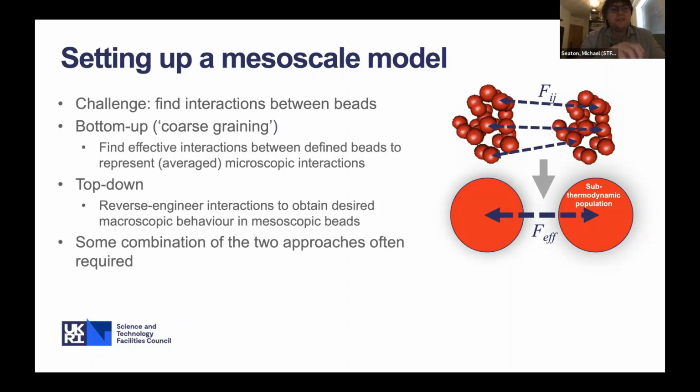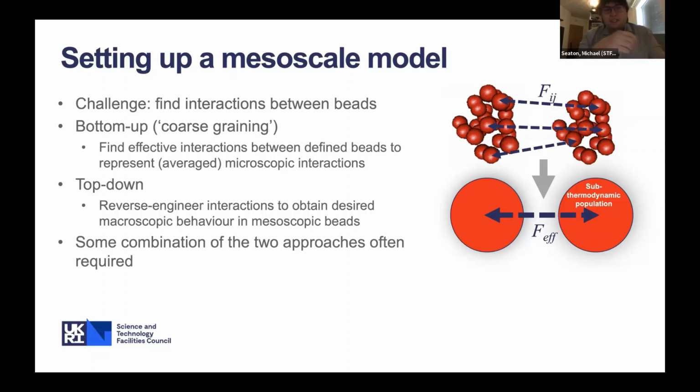One is to carry out what's known as coarse graining, a bottom-up approach, which is to say, each of these beads has some atoms within it, and we know how those atoms interact from the potential that we use in molecular dynamics. Let's try to find some kind of effective interaction between the two beads, which could be an averaging of those microscopic interactions between the atoms.